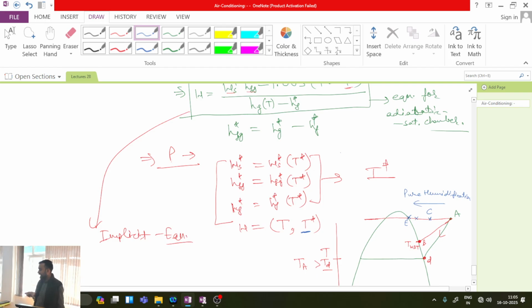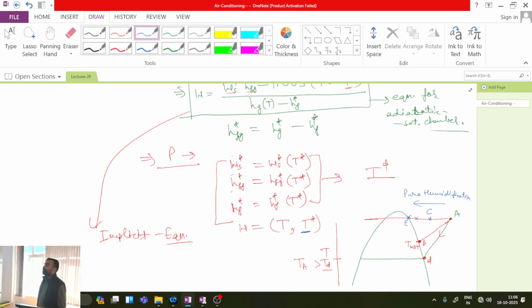So in order to know all these parameters for this equation, I first must know the value of T star, and ultimately from this equation I am trying to calculate T star only. So this is an implicit equation of T star. So how can I do these estimations? What do I need to do?